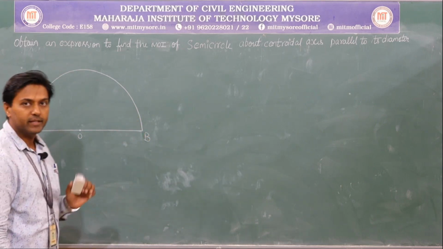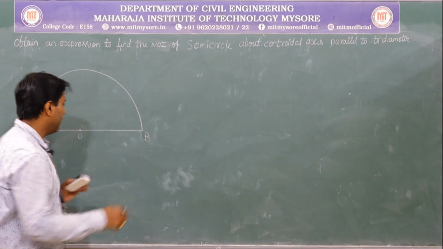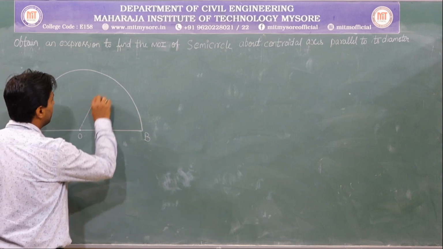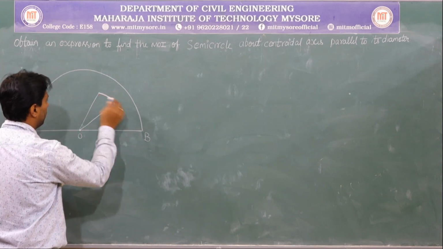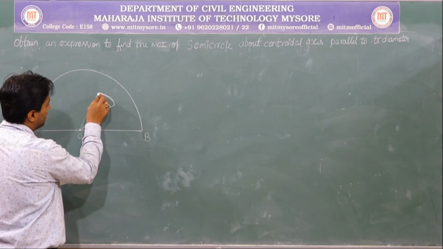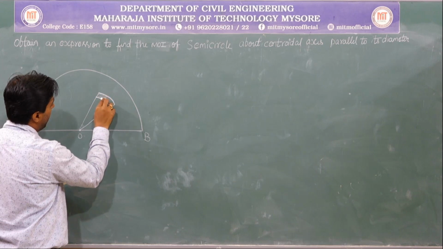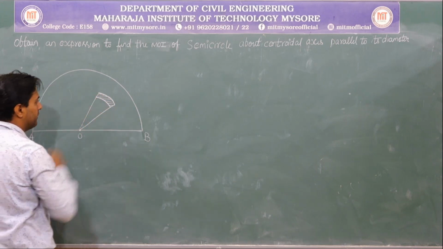Everywhere I have done the same thing. So consider an elemental strip. Here also I will be doing an elemental strip, but in a different pattern, out of which this is the elemental strip. Please remember that this is the elemental strip, not the entire thing.